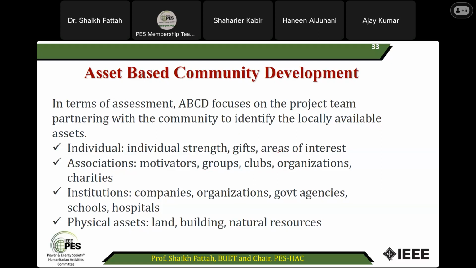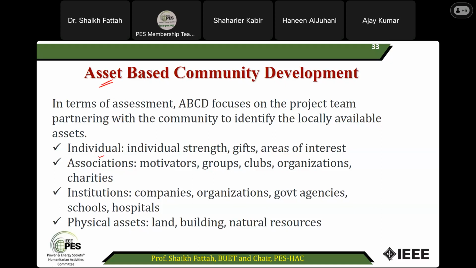In future, who will solve the problem? Capacity building is an important aspect, as well as you have to ensure local resources, as well as you have to ensure local skilled manpower. So to do that, before executing or planning a project, it's better to understand the strength of the local community, what we call the asset of the community.